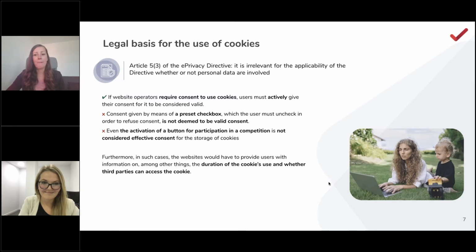But Article 5, Paragraph 3, Sentence 1 of the 2009 version of the e-privacy directive, because it was updated at least a little, provides for active consent for access to and storage of, very important, terminal equipment information, with very, very few exceptions. So if a website operator requires consent to use cookies, the user must actively give their consent for it to be considered valid.